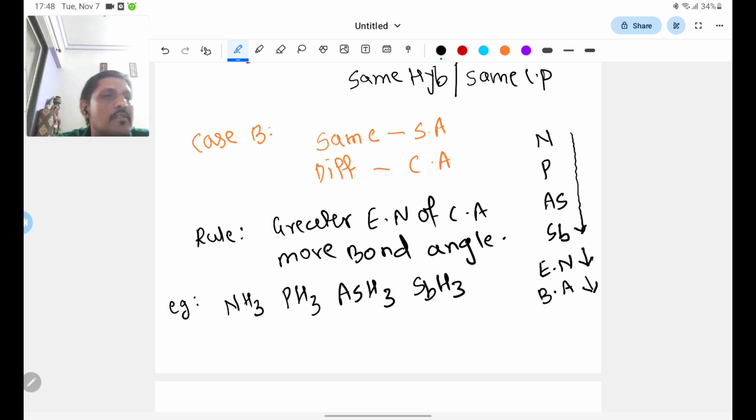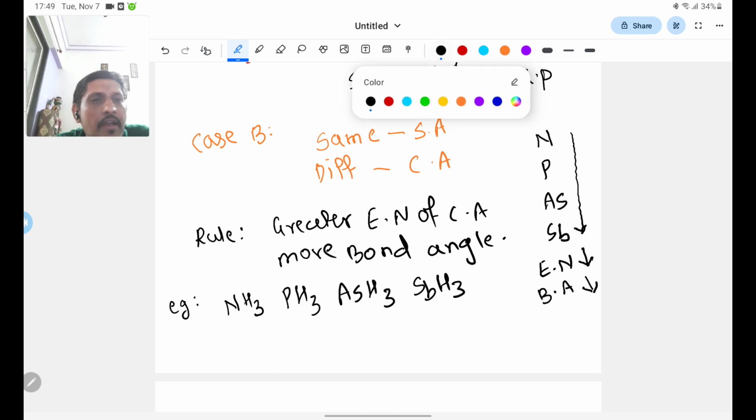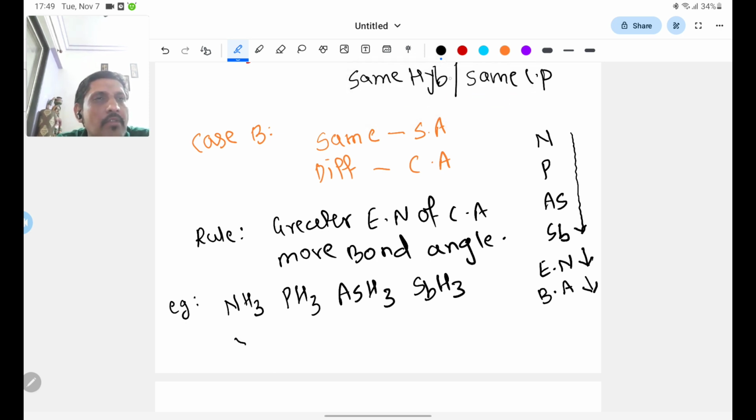This is the rule. Greater the electronegativity, more will be the bond angle, guys. So as you move top to bottom, electronegativity decreases, bond angle also decreases. So here my order will become what? Because you know nitrogen is most electronegative, the bond angle of ammonia will be greater than PH3, then greater than AsH3, and the lowest will be SbH3.